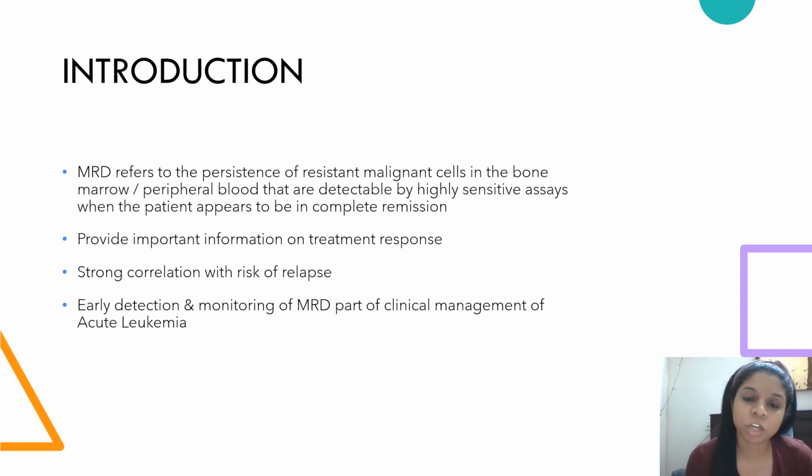In that flow cytometry done for early diagnosis, one or two markers we will keep, so that you can use those markers to detect the minimal residual malignant cells when the patient is going into complete remission clinically, or maybe just after the induction phase of the treatment, to check whether there is residual disease or not.